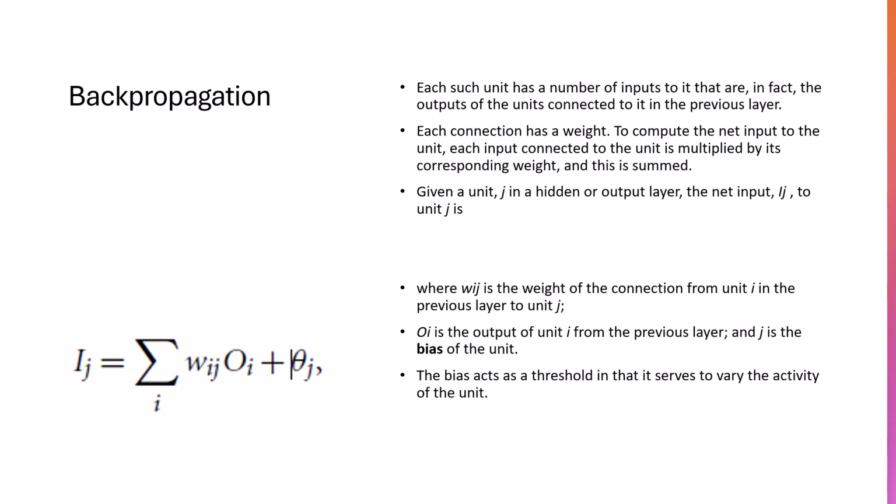Given a unit j in a hidden or output layer, the net input Ij to unit j is given by the formula, where wij is the weight of the connection from unit i in the previous layer to unit j, Oi is the output of unit i from the previous layer, and θj is the bias of the unit. The bias acts as a threshold in that it serves to vary the activity of the unit.